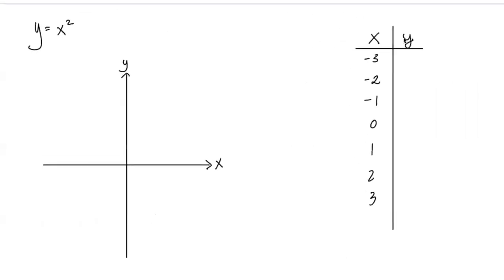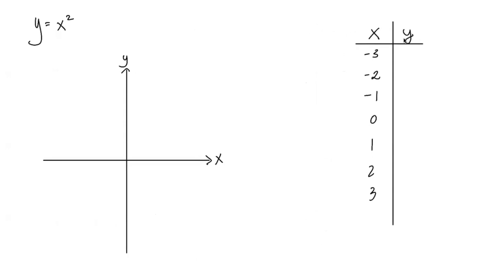All right, so assuming that you have done your work, let's go over these table values first, in case some of you might want to double check the values before you plot the points. So -3 squared is 9, -2 squared is 4, -1 squared is 1, and then we have 0, 1, 4, and 9.